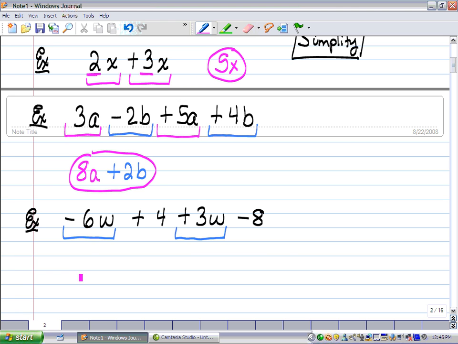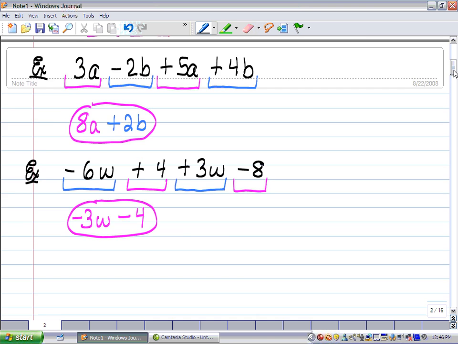Negative 6 plus 3 is negative 3w. We also have constant terms, no variables in them, constant terms that are alike, positive 4 and negative 8. Plus 4 minus 8 is negative 4. So our simplification in this case is negative 3w minus 4.